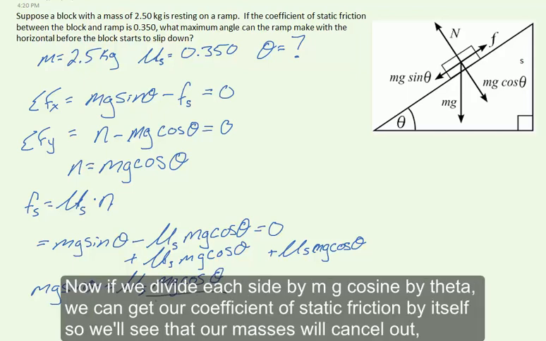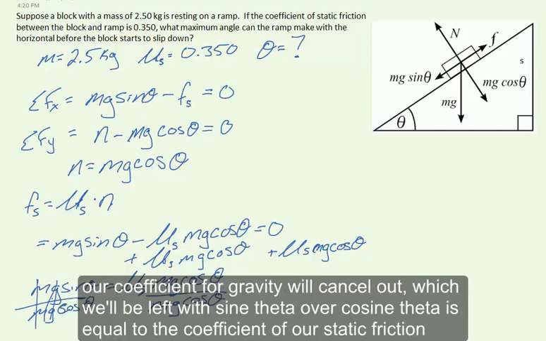Now if we divide each side by mg cosine theta, we can get our coefficient of static friction by itself. The masses will cancel out, the gravity will cancel out, and we're left with sine theta over cosine theta is equal to the coefficient of static friction.